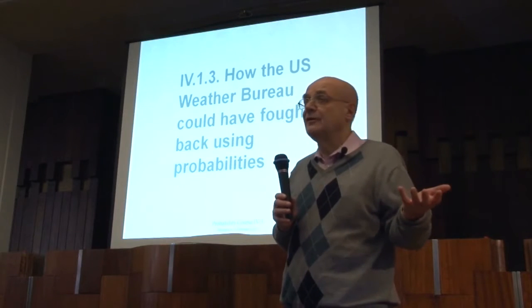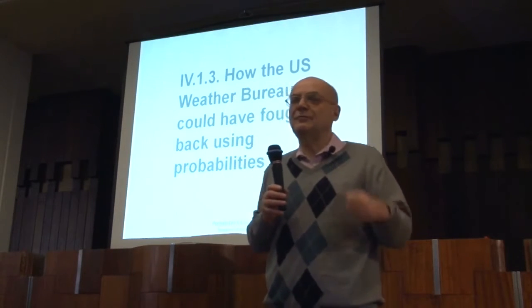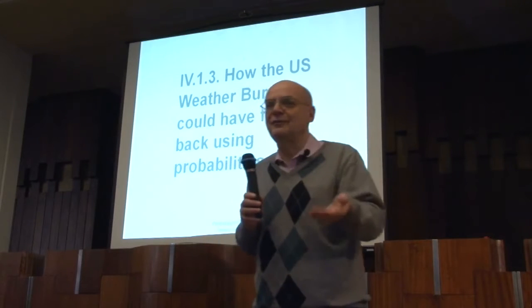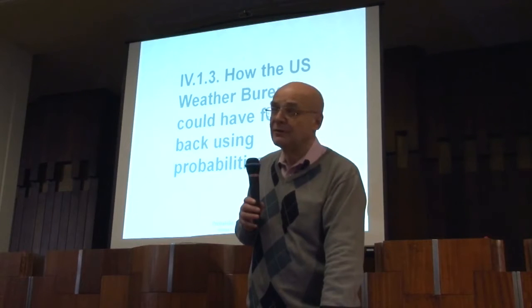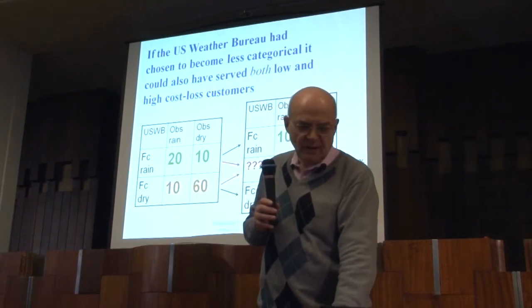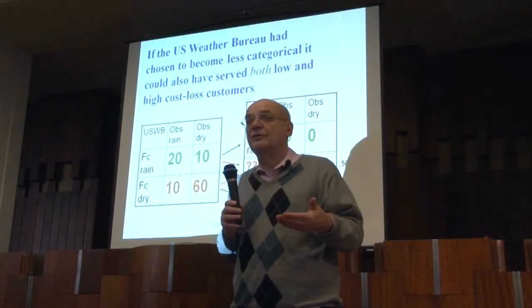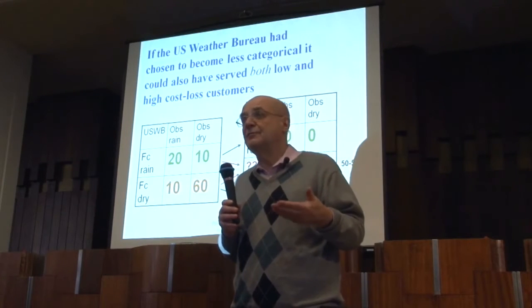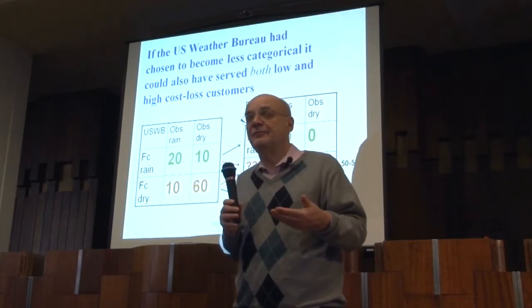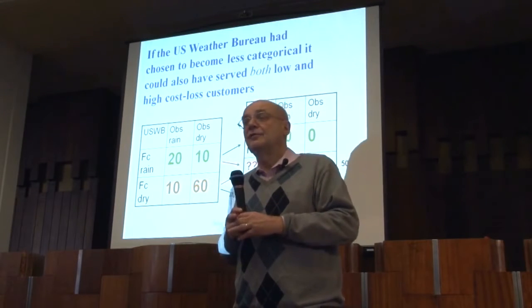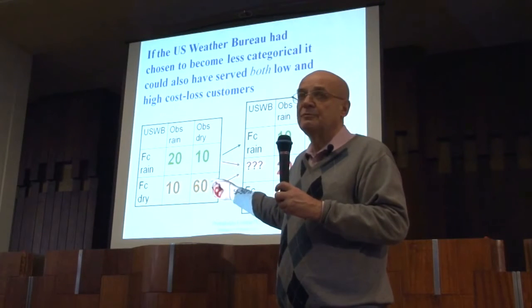So what I tell you now is as if I could travel back in time to California in the 1930s and be employed by the Weather Service and advise them what to do. What they could do quickly to beat Crick was to make use of a seemingly weak part of their skill, their uncertainty. So assume that the Weather Bureau in 40% of the cases were not quite sure.